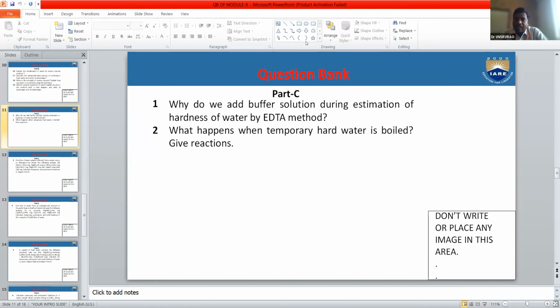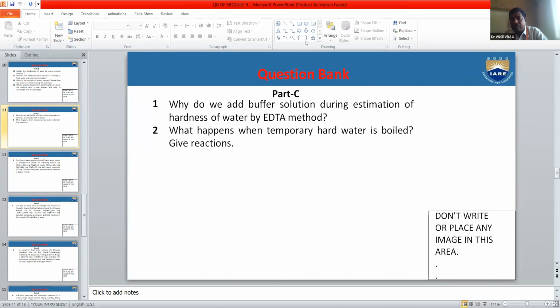Whenever calcium bicarbonate is present in hot water and boiling takes place, the calcium bicarbonate dissociates to give calcium carbonate, water and carbon dioxide. The resultant calcium carbonate is an insoluble precipitate, so that is removed by filtration. Carbon dioxide is a gas, it evaporates.